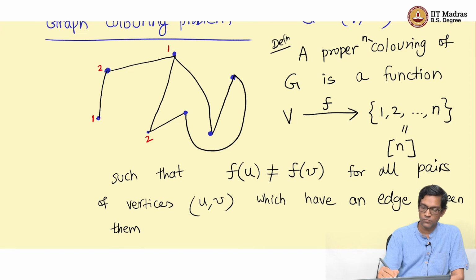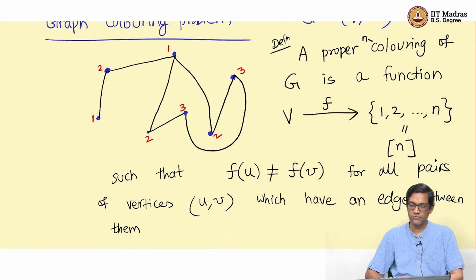I could do 2 for example, I could do 1 again, but let me do 3, I could do 2 here, 3 here. So, here is an example of a 3 coloring of this graph, because I have assigned numbers, which are to be thought of as colors, to the vertices such that whenever there is an edge between 2 vertices, I do not give it the same color.